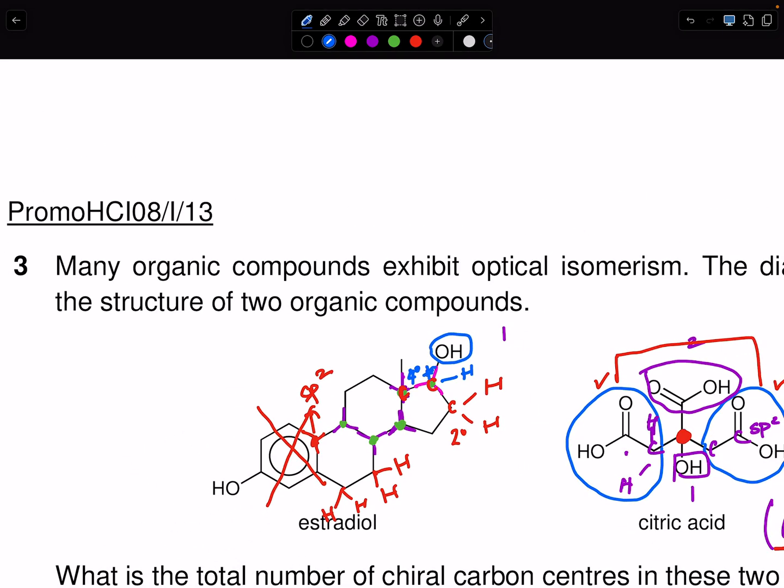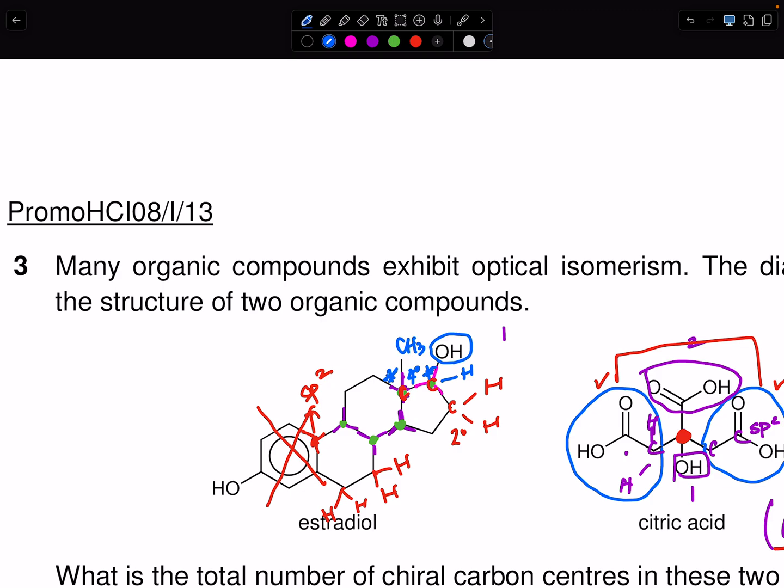This is a chiral carbon, because it's the OH. OH, H, secondary carbon, quaternary carbon. So that's 4 different groups already. Okay, then the next chiral carbon is this, because it is a CH3, correct or not?